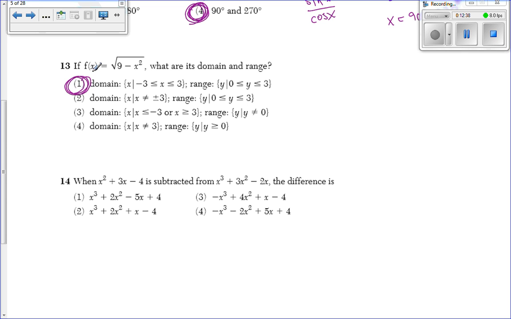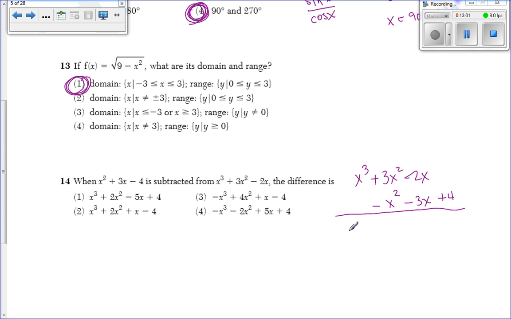When x squared plus 3x minus 4 is subtracted from this, the difference is, well, I'm going from first. So it's x cubed plus 3x squared minus 2x, and then it'll be minus x squared minus 3x plus 4.